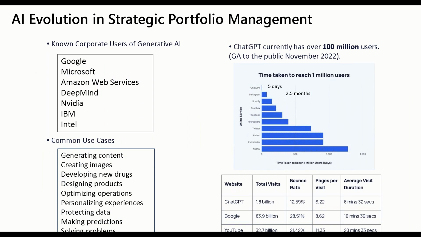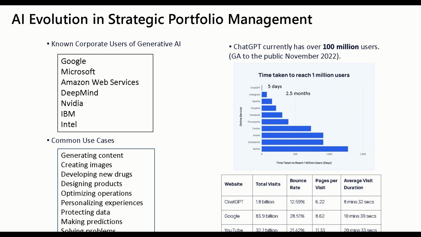And just as a point of reference, as I said, corporate uses of generative AI have been around for some time, so it's not new in that sense. And the common use cases for generating content, you can see all the ones that are listed there. They're fairly common uses of the technology.